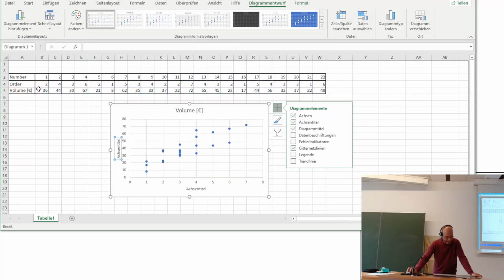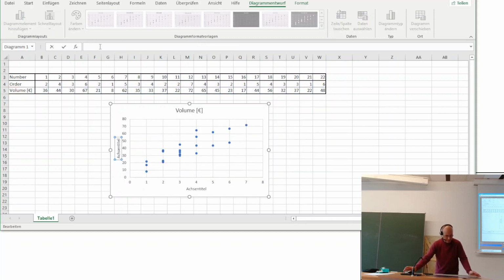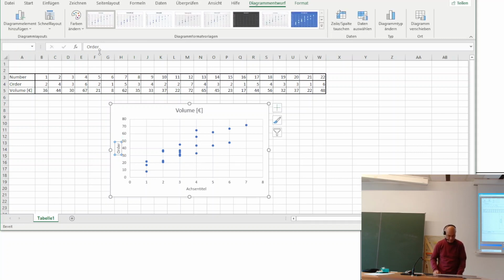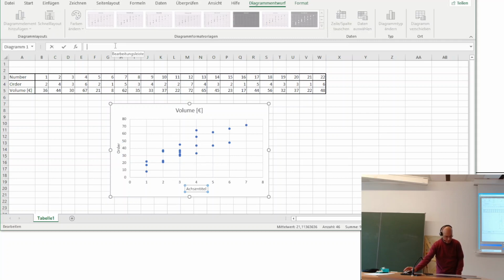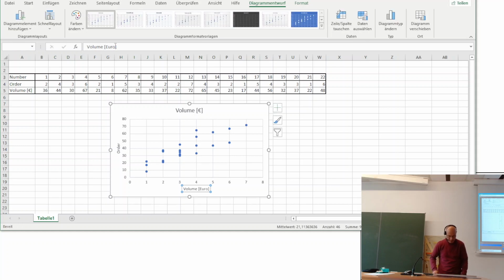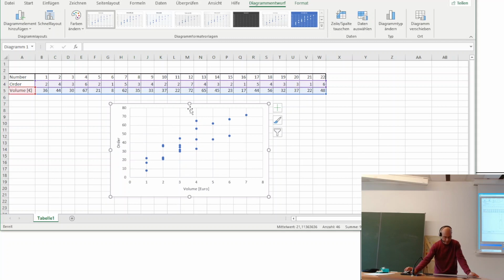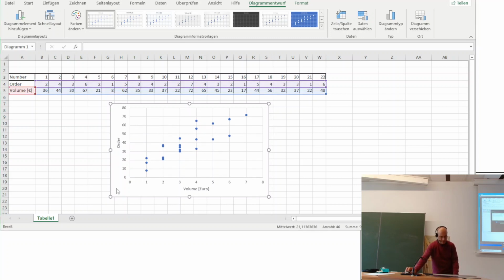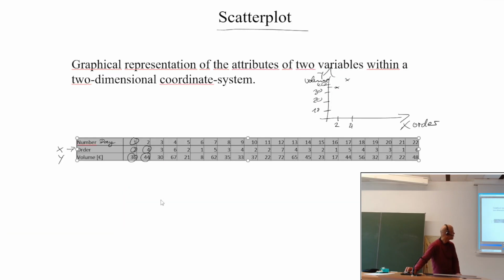So here we have orders. And here we have volume in euro. This we don't need. And this would be then our scatter plot.